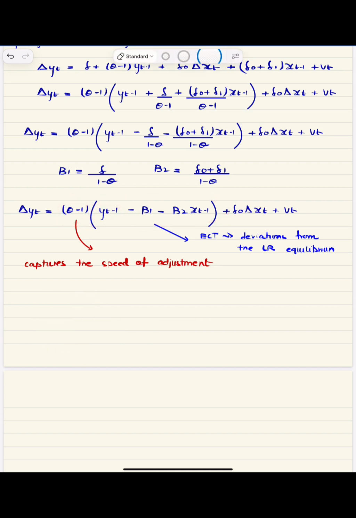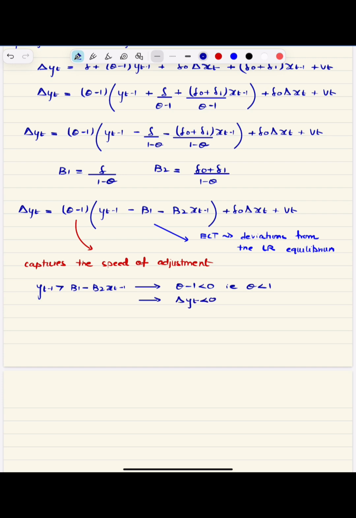Okay, so if yt goes beyond the long run equilibrium, then whenever theta minus 1 is less than 0, that is whenever theta is less than 1, then the change in output is going to be negative.